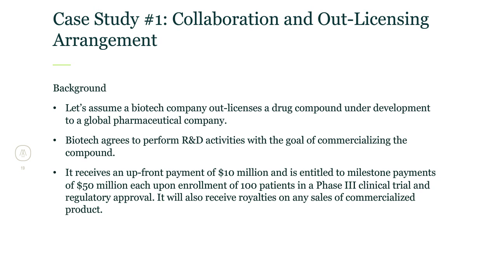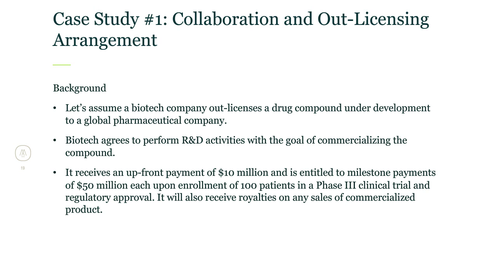And then ultimately regulatory approval. Once that becomes a commercial drug, you go through the FDA process and get approval there, then you'll get royalties on it. So again, a pretty standard contract when we think about most of you and most of our clients.